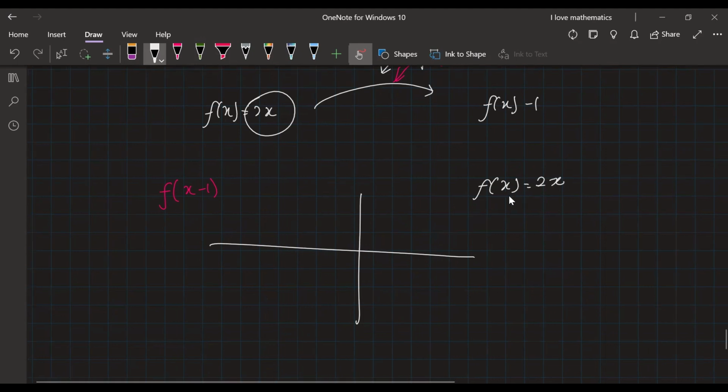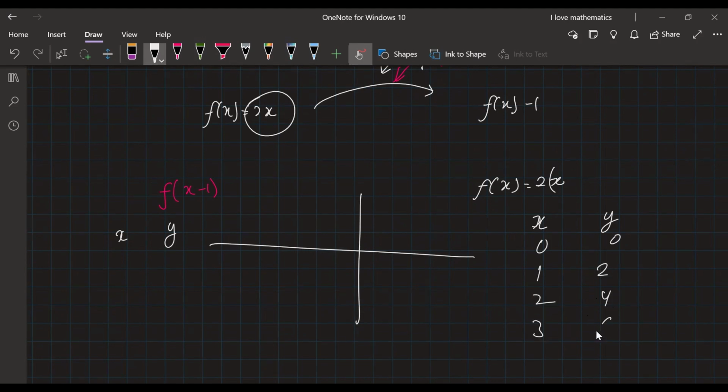So let us plot x and y. For 2x, we have x0, y0; x1, y2; x2, y4; x3, y6. For the shifted one, x0, it is minus 2. x1, it's 0. x2, it's 2. x3, it's 4. x4, it's 6.